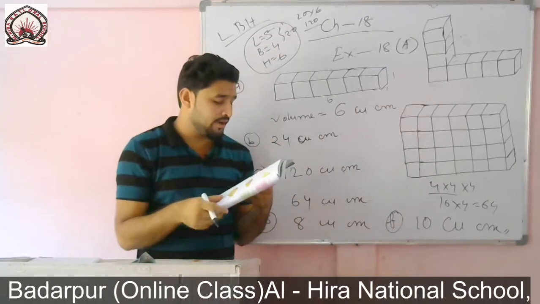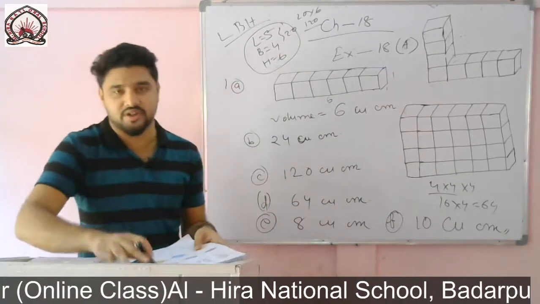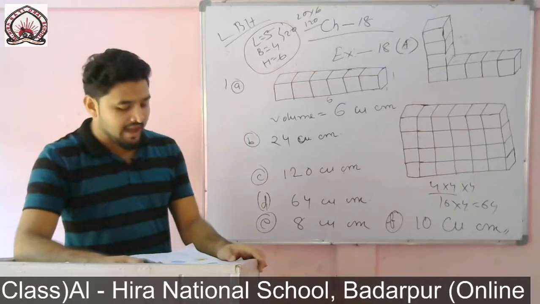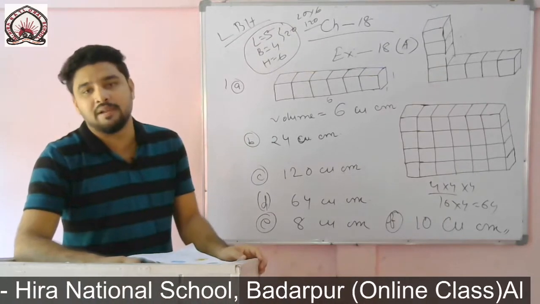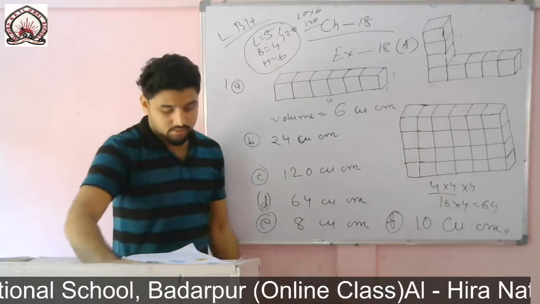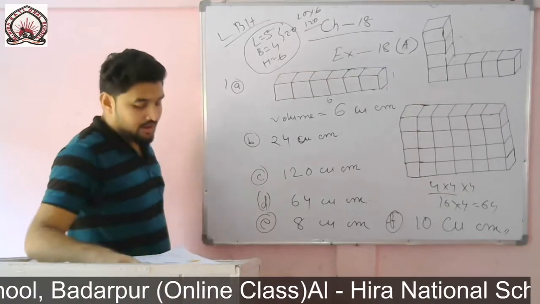Now come to question number 2. Find the volume of each. Yes, here we have to take the, what to say, length, breadth and height of the following shapes. Yes. Number 2.